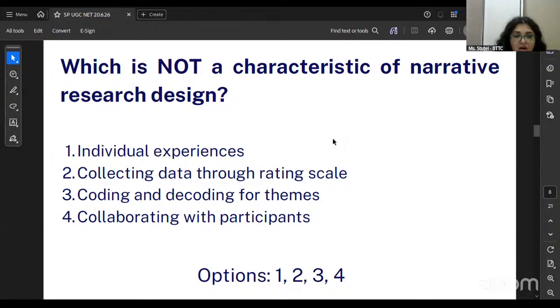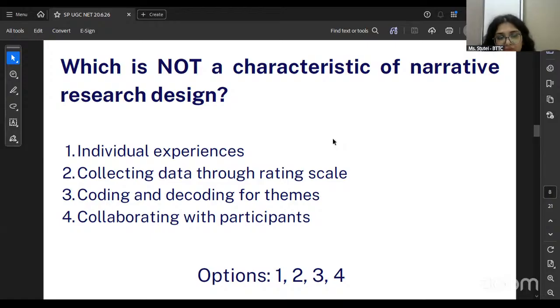Of course, I had studied what a narrative research is, so I had a rough idea about what it is and what it is not. When you look at narrative research design, it studies life stories, experiences, personal accounts, and rating scales belong to quantitative research. So, my suggestion to you is, whenever you see any research design, you ask yourself a few questions which I had mentioned before.